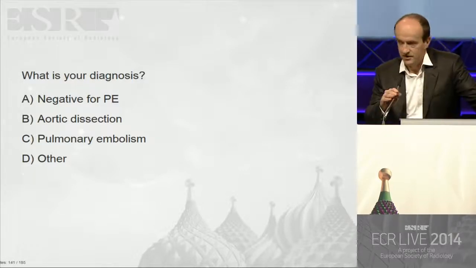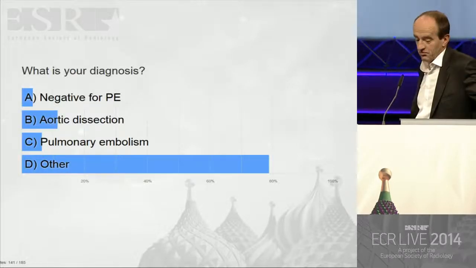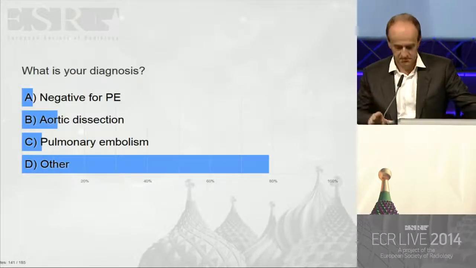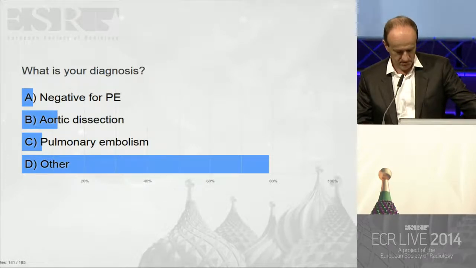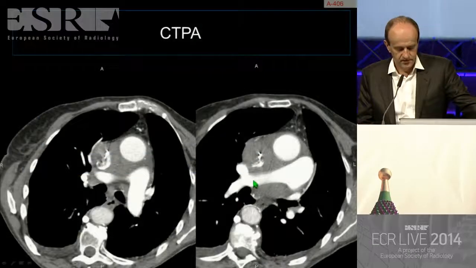Okay. Can we have the results? Okay, there is something else. Very good. Here we have the key images. We don't see pulmonary emboli. What we see is first a narrowing of the right pulmonary artery. And second, where is the superior vena cava? Here.